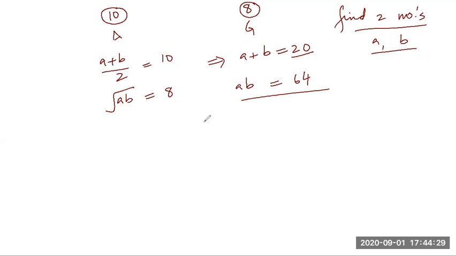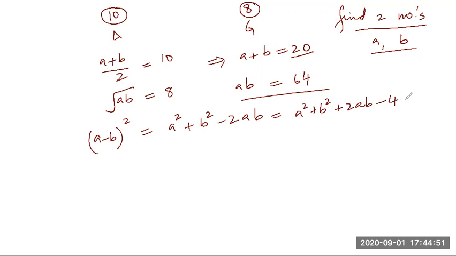Now guys, once I know this, I can always apply a tricky formula: a minus b whole square is equal to a square plus b square minus 2ab. Can I write it like this? a square plus b square plus 2ab minus 4ab. 2ab minus 4ab is again minus 2ab.